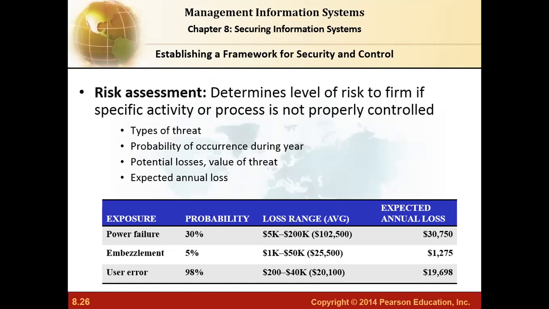Just for the sake of example, here you are given a table where a risk is being assessed for a particular system, and let's suppose they have assessed that there may be a power failure. What is the chance during the year? There is a 30% chance that there will be a power failure over 1 year.